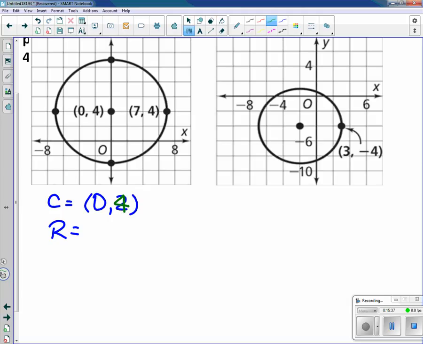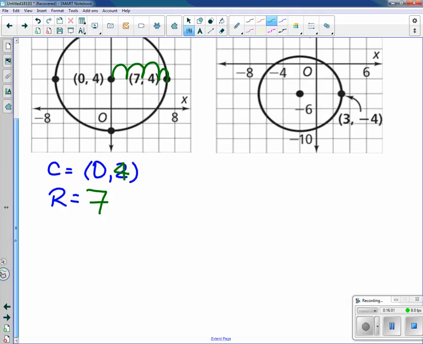So let's count: 2, 4, 6, 7. I'll tell you right now, they usually do not go by twos. I'm telling you right now.